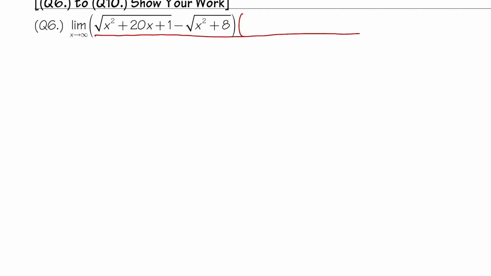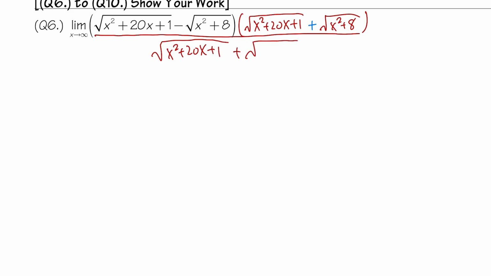So for the top, I'm going to multiply by square root of x squared plus 20x plus 1, and then instead of the minus, we will have a plus here. And then same thing here, square root of x squared plus 8. And then on the bottom, we will have the same thing: square root of x squared plus 20x plus 1 plus square root of x squared plus 8.